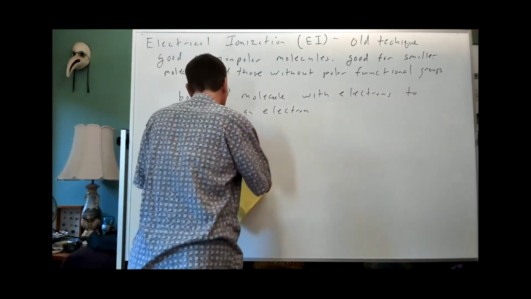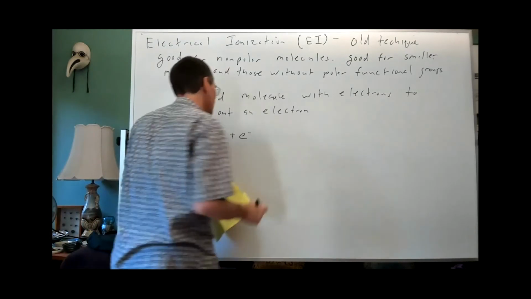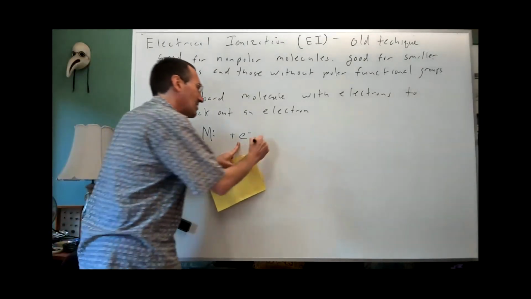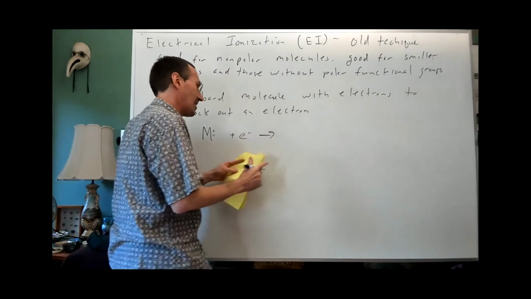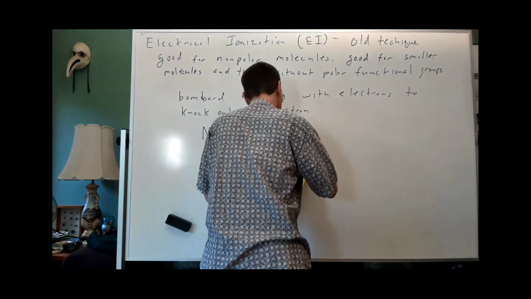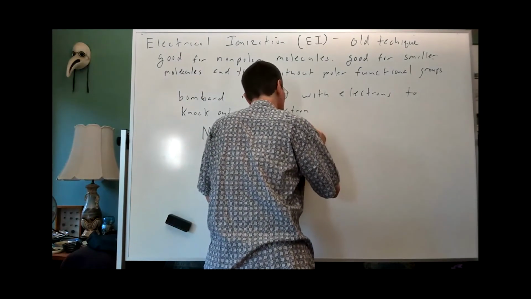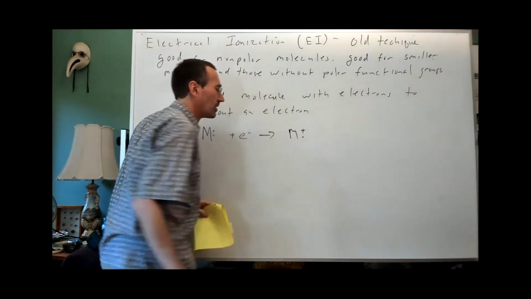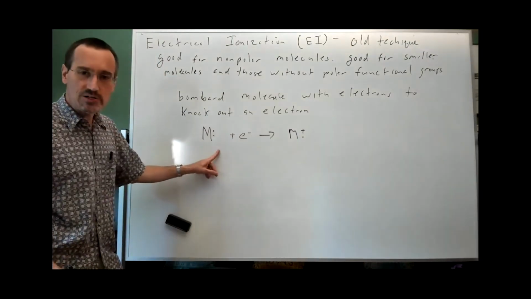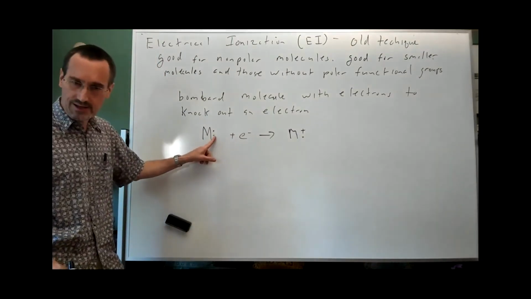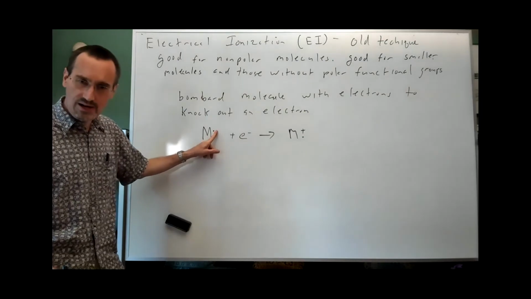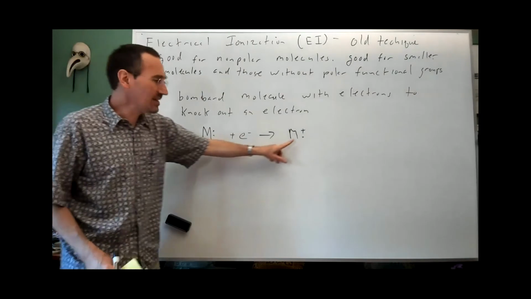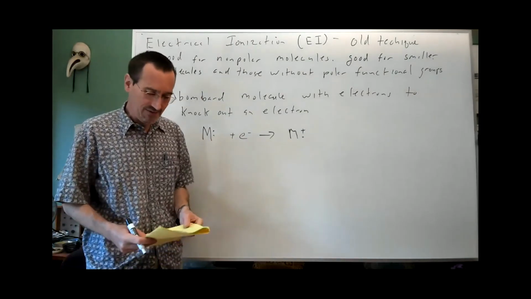So if we go ahead and take a molecule and give it a good hard whack with an electron fired from an electron gun or from an acceleration of electrons, we can knock out an electron from the molecule, leaving a positive charge. In other words, you take a neutral molecule, you take away one electron, that removes a minus charge, which leaves the molecule with a positive charge.